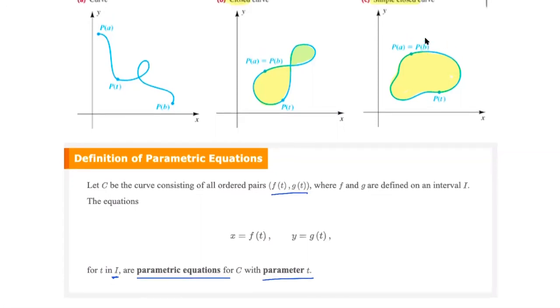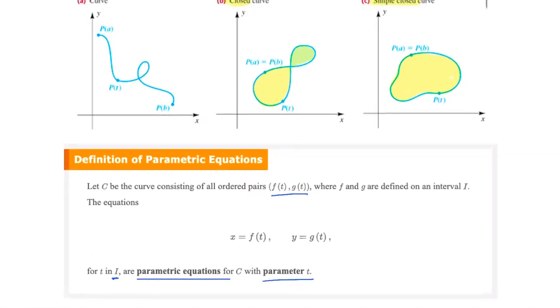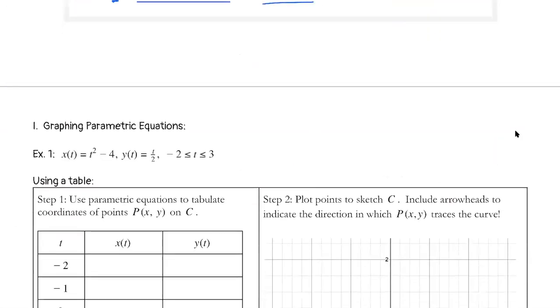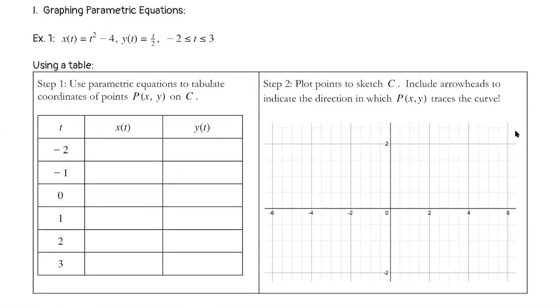All right, any questions so far? I have a quick question when we get to our first example. Okay, all right. Do you want to ask your question now or after? Yeah, just real quickly.